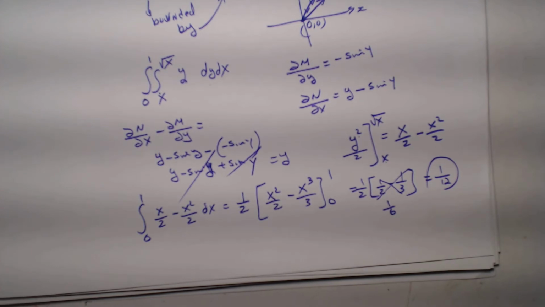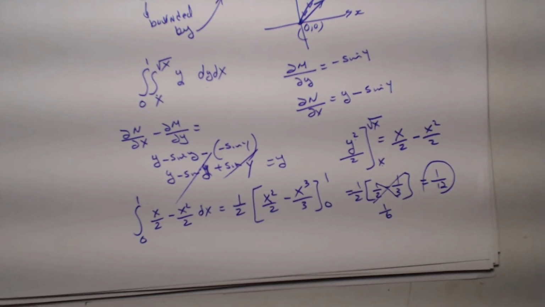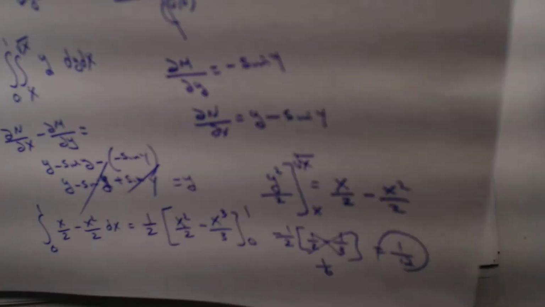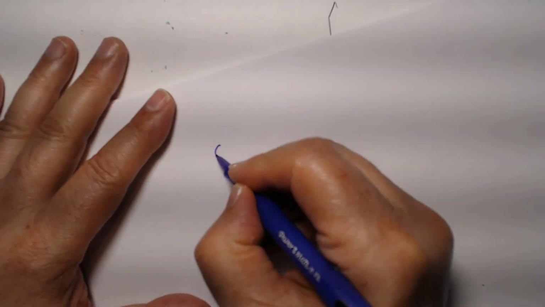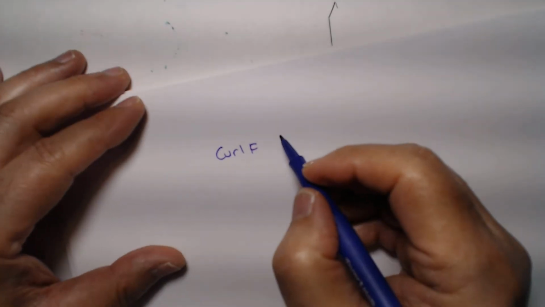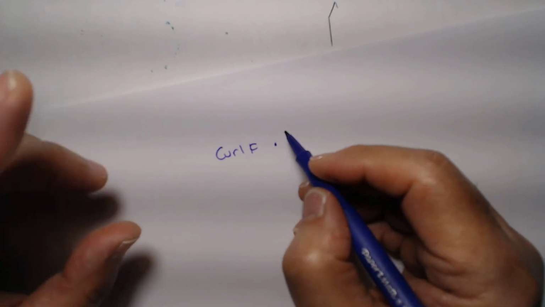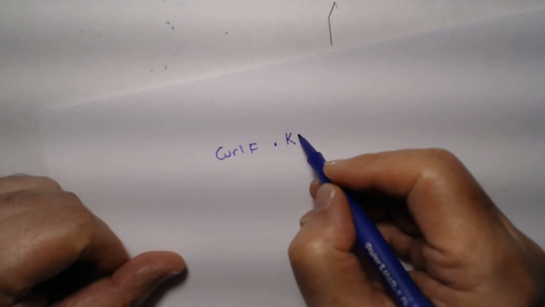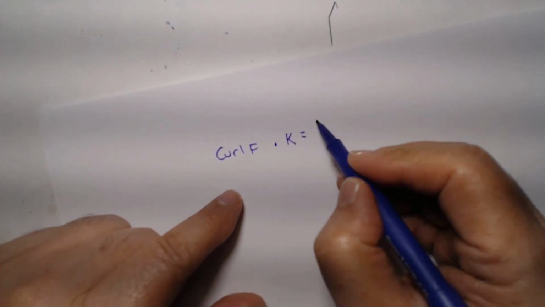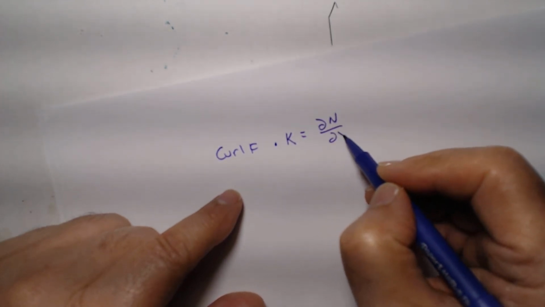Okay, that was the examples regarding Green's theorem. Now, if you remember, we took the curl of the vector f and dotted it with a unit vector, and that became exactly Green's theorem.